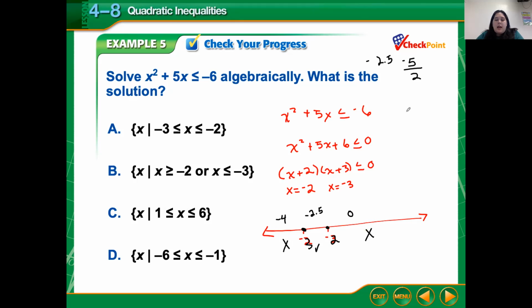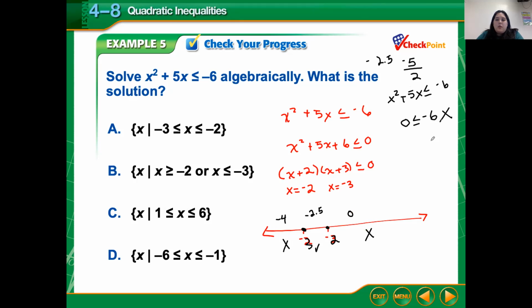So showing you that, if I use x squared plus 5x is less than or equal to -6, and use 0, I get 0 is less than or equal to -6.